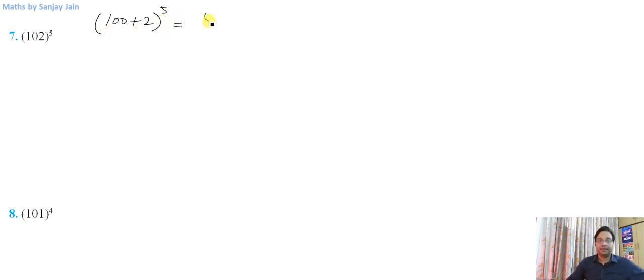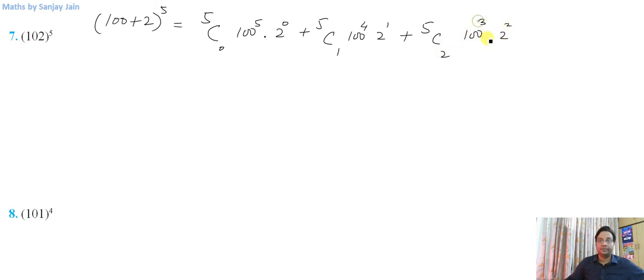Let me start with 5c0 and 2 raised to power 0, 100 raised to power 5. 5c1, 2 raised to power 1, 100 raised to power 4. 5c2, 2 raised to power 2, 100 raised to power 3. 5c3, 2 raised to power 3, 100 raised to power 2. And then 5c4, 2 raised to power 4, 100 raised to power 1.